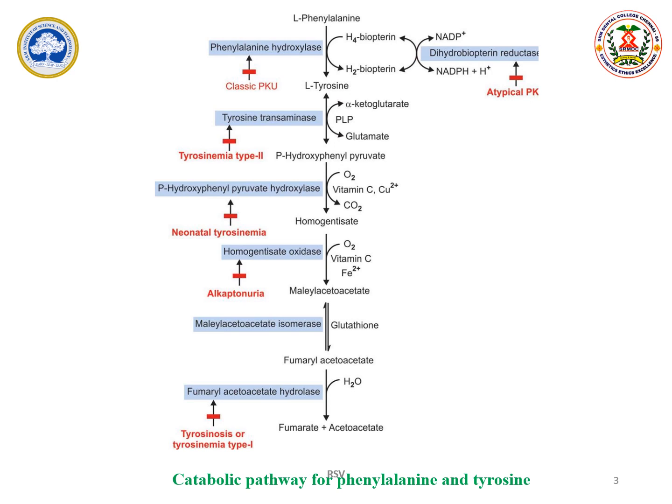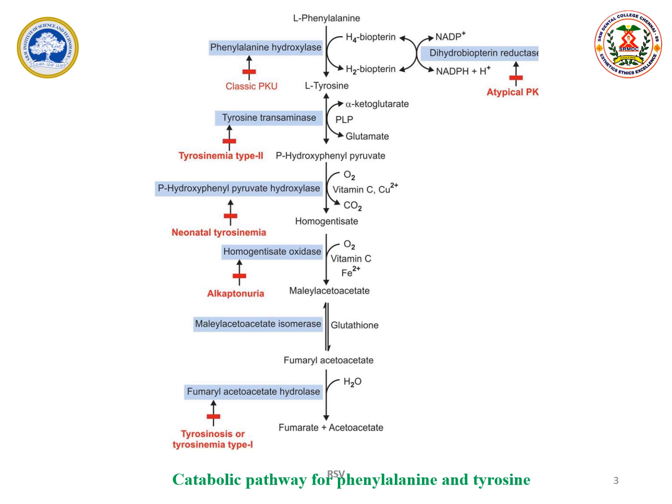This reaction is catalyzed by homogentisate oxidase. 4-maleylacetoacetate is then isomerized to form fumarylacetoacetate by the enzyme maleylacetoacetate isomerase that uses glutathione as a cofactor. Fumarylacetoacetate is then cleaved into fumarate and acetoacetate by the enzyme fumarylacetoacetate hydrolase.